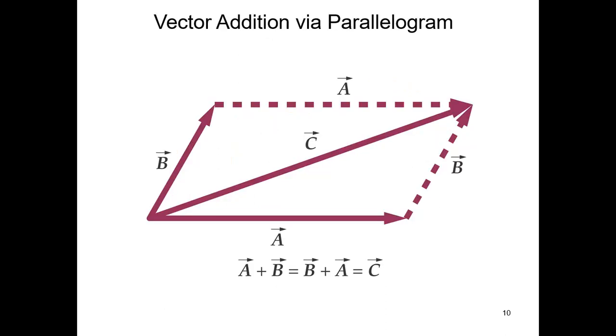Now, vector addition via parallelogram. Here we have vector a and vector b.